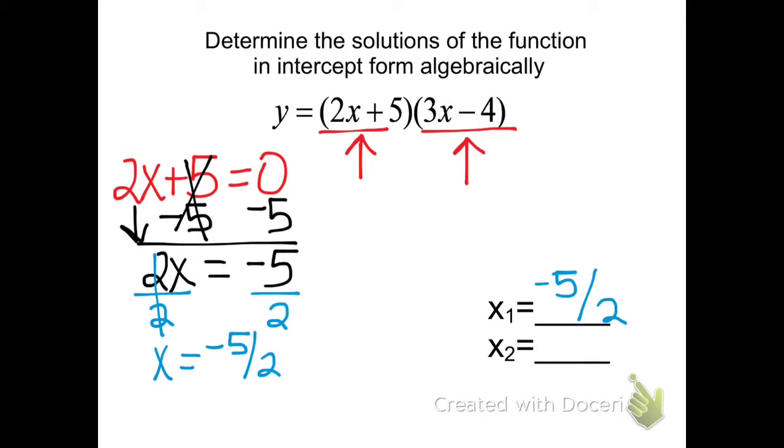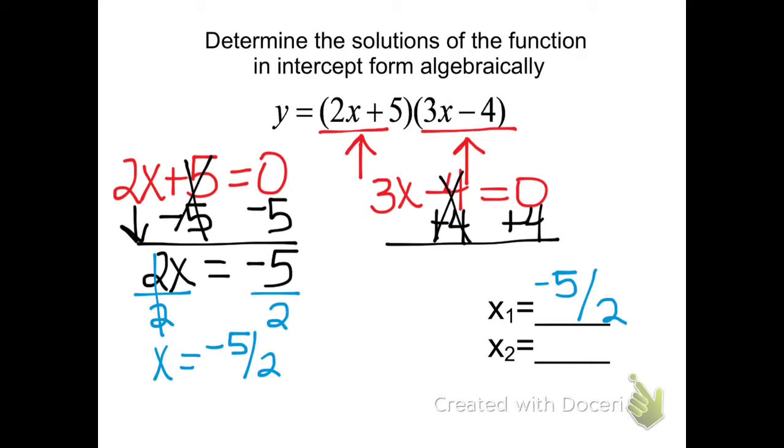Alright, then you want to find your second solution. In order to do that, you're going to set the second factor equal to 0. So I would say 3x minus 4 equals 0. And I want to start by eliminating the -4. So I'm going to put positive 4 on both sides. That way the 4's eliminate on the left. So that gives me 3x equals 0 plus 4, which is 4.